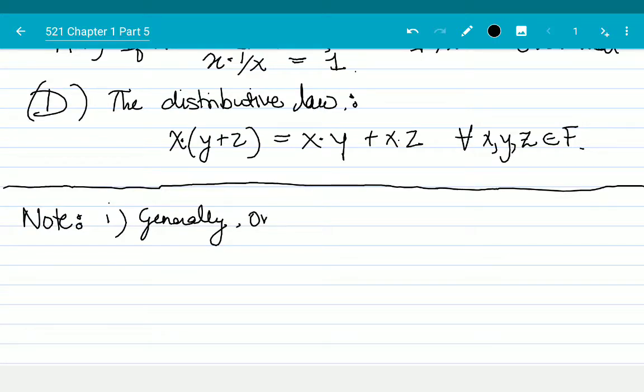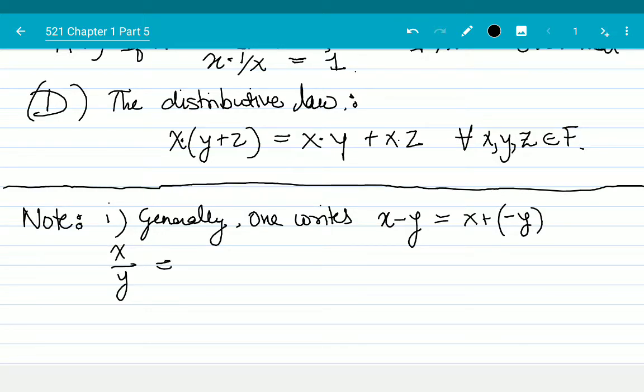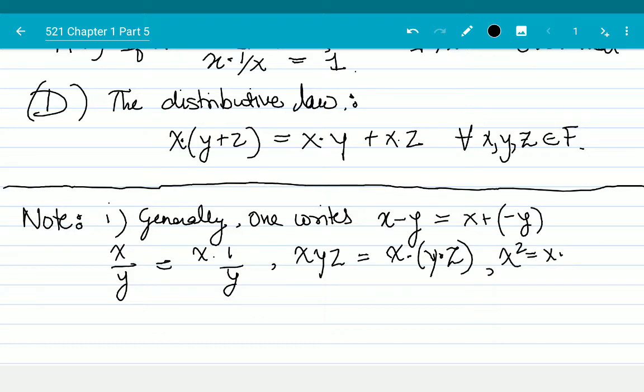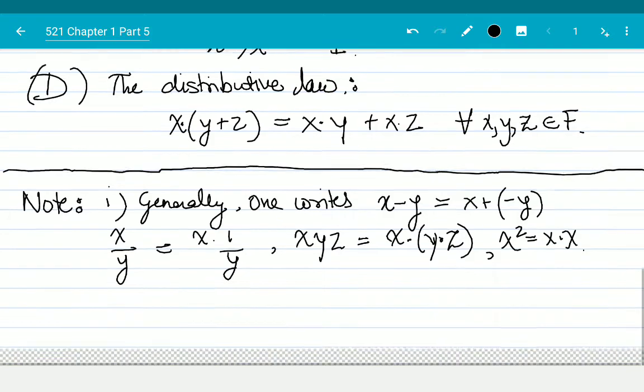Generally, one writes x minus y rather than x plus minus y, x over y, which is equal to x times 1 over y, and xyz, which is equal to x multiplied by y multiplied by z, and x squared is equal to x times x, and so on.